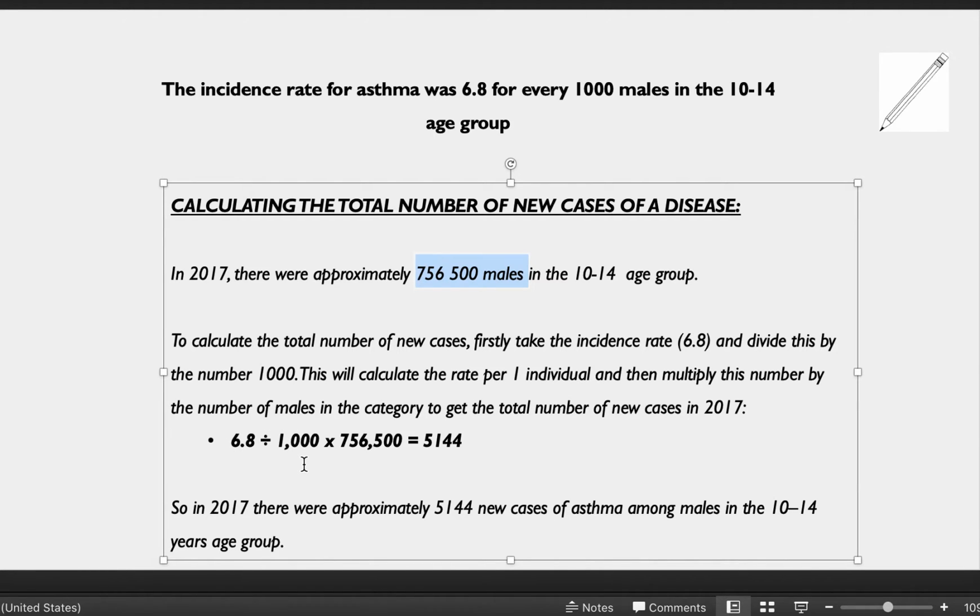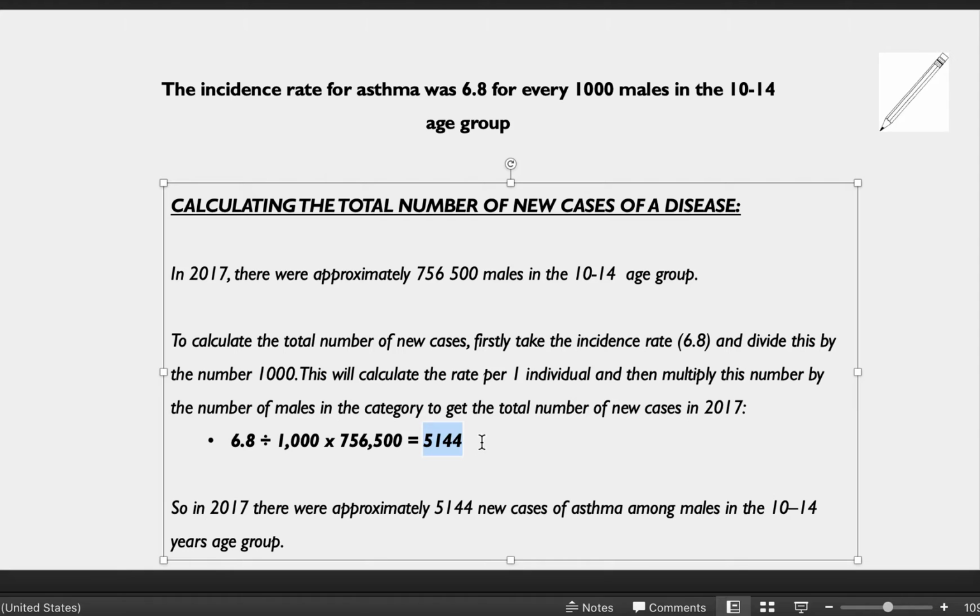Now, if you look at the answer to that in your calculator, it'll be a very small number, 0.0 something, because that's what's telling us the chance of one individual in that age category being diagnosed with asthma at that time. But we know there's not one individual, there's 756,500. So if we take that number times 756,500, it will tell us exactly how many males, 10 to 14 in 2017, were diagnosed with asthma.